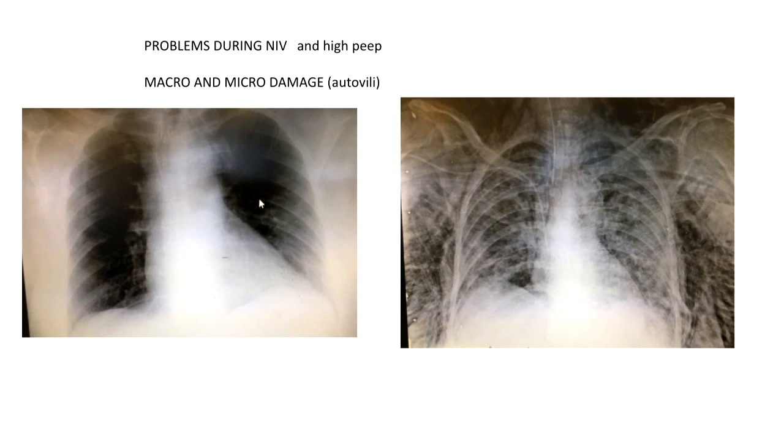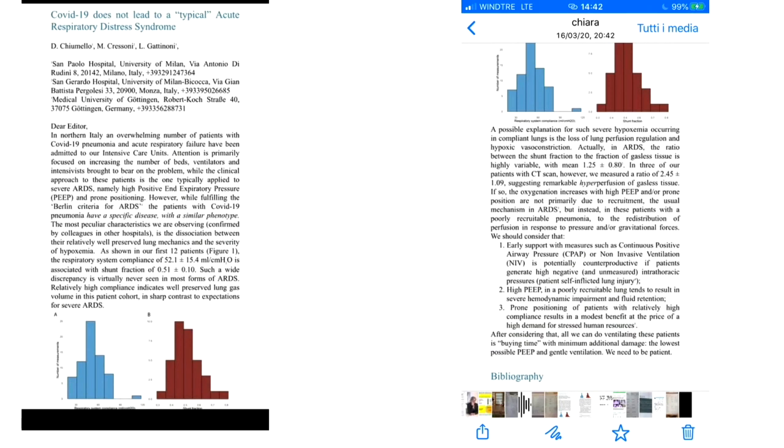In particular, if you go to the next slide, you see a recent editorial of Gattinoni, who is the pioneer and our teacher of prone positioning ventilation, who said that these patients do not have an ARDS. This is not an ARDS.